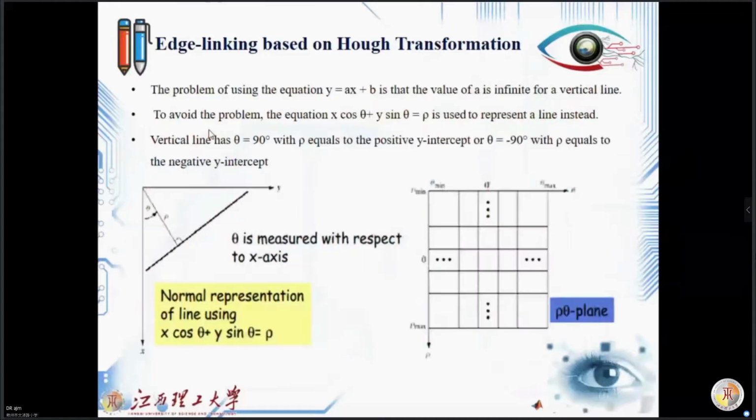Then the problem of using the equation y equals ax plus b is that the value of a is infinite for a vertical line. To avoid this problem, we can use the formula x cosine theta plus y sine theta equals rho.